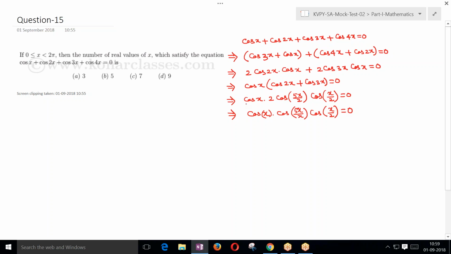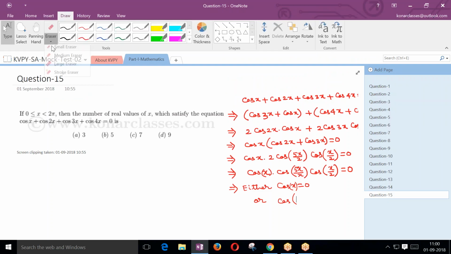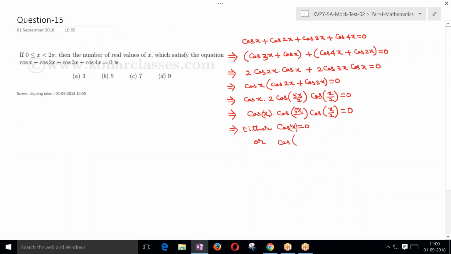So from that concept, we can conclude either cos x equal to 0 or cos of 5x by 2, sorry, here I made a small mistake, it will be 5x by 2, equal to 0, or cos of x by 2 equal to 0. So any of them can be 0.